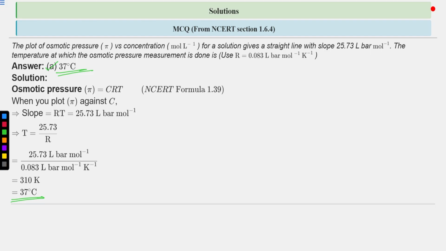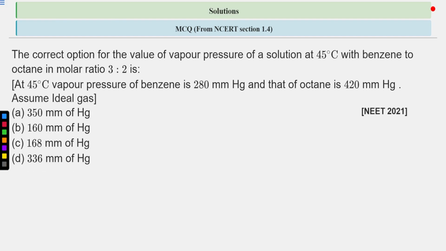Okay, let's move on to the next question. This is an MCQ type question, and we have taken this from NCERT section 1.4. The question asks for the correct option for the value of vapor pressure of a solution at 45 degrees Celsius with benzene to octane in the molar ratio 3:2.